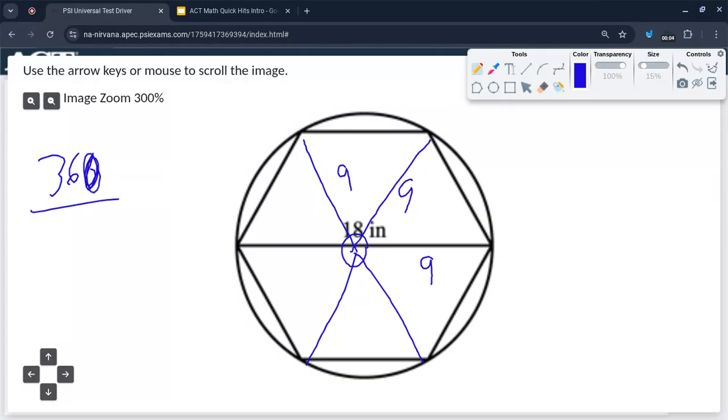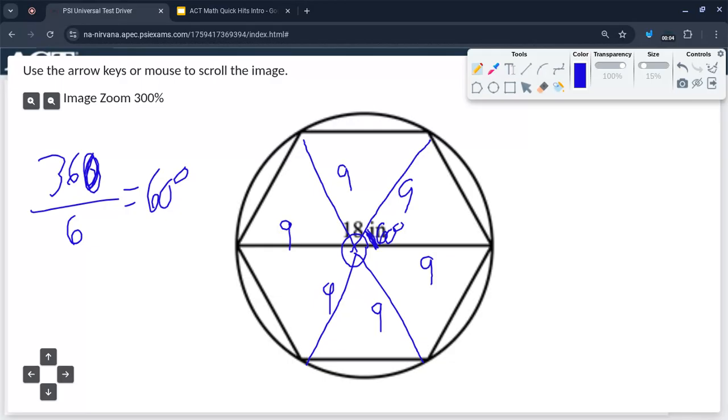I have 6 triangles on the inside who all have these values of 9 as their legs. All these triangles inside, because it's a regular hexagon, are going to be congruent. So all of their angles coming out of the middle have to be congruent. If I just divide by 6, I end up with 60 degrees. So the angle in this triangle right here is 60 degrees along with all the other ones.